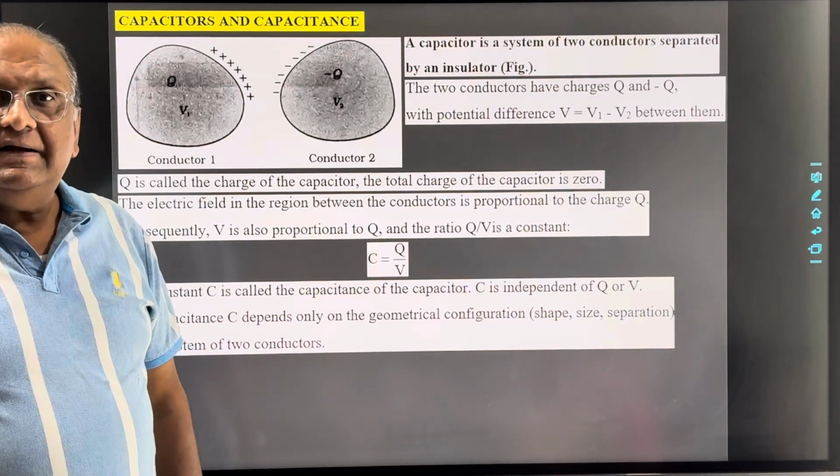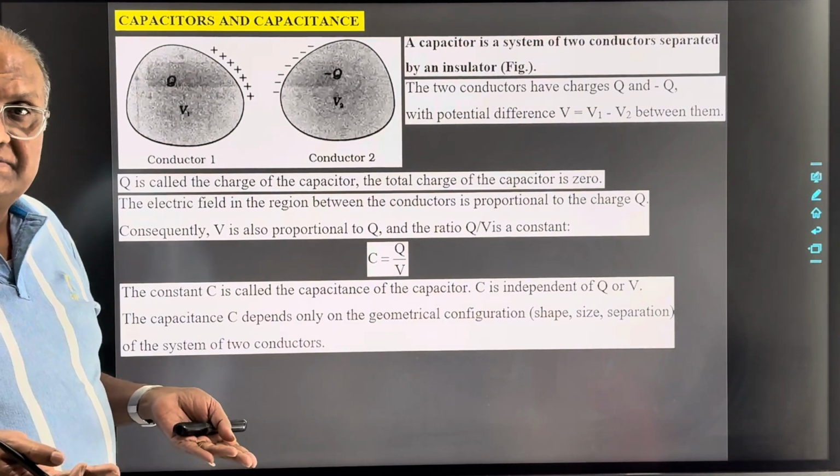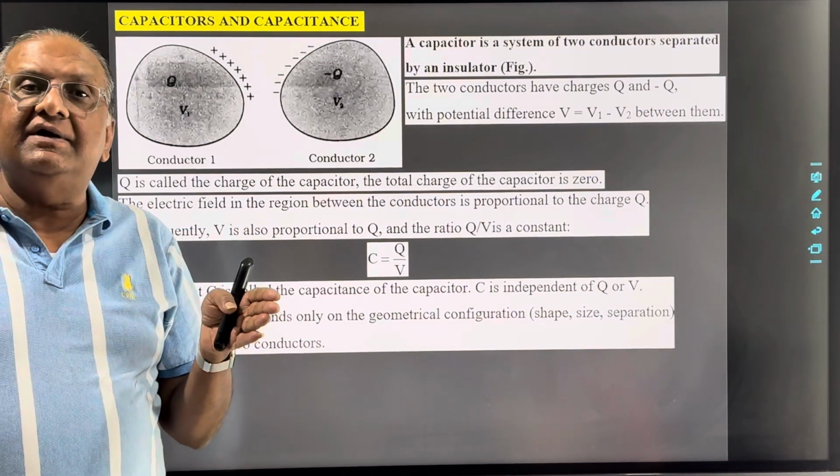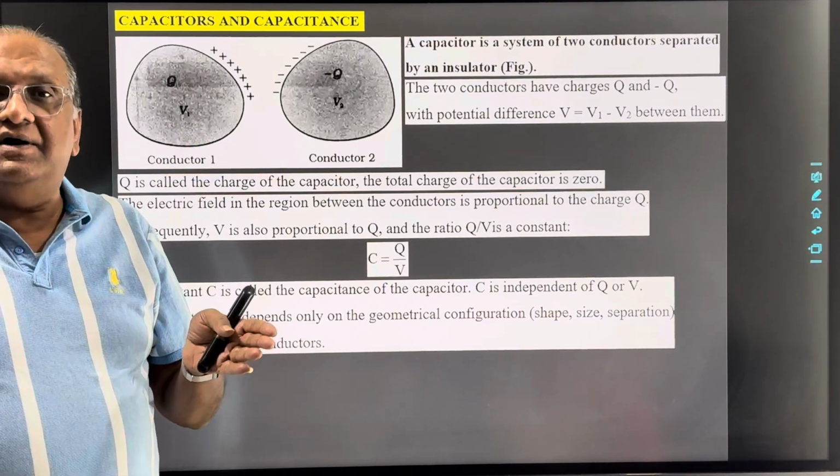It implies the shape of the conductors, the size of the conductors, the separation between the conductors, and the medium between the conductors.